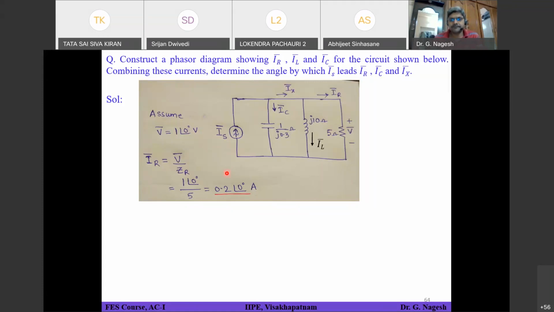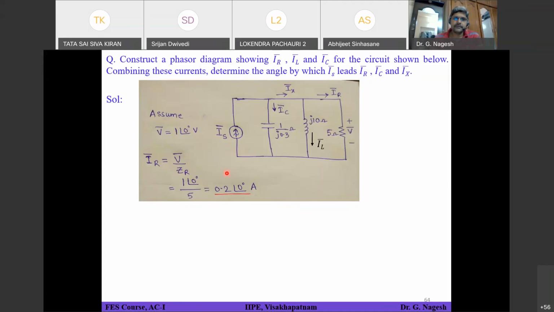IC is equal to 0.3 at an angle of 90 degrees, that is 1 at an angle of 0 degrees divided by 1 by j 0.3, so 0.3 at an angle of plus 90 degrees.